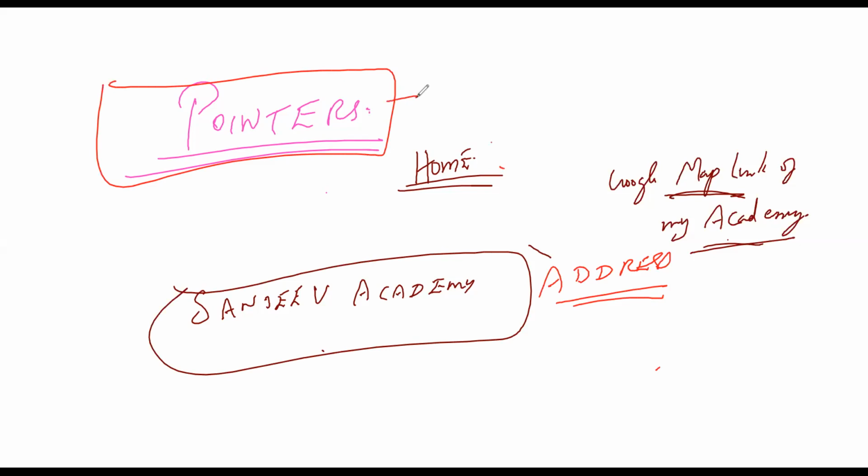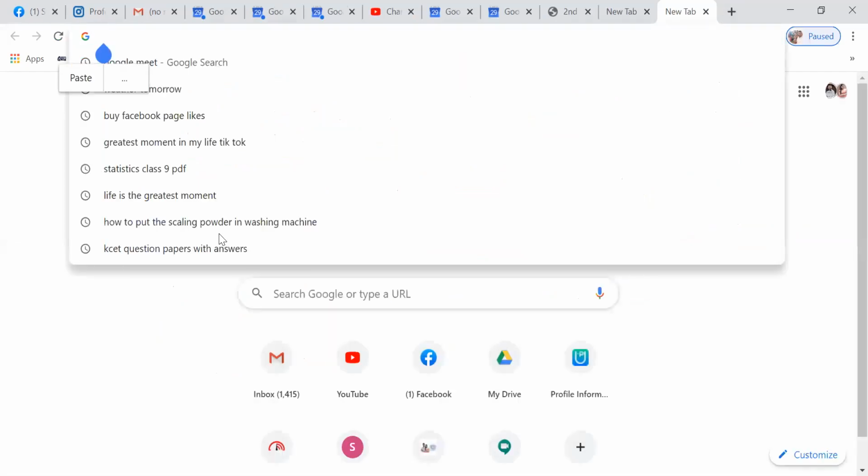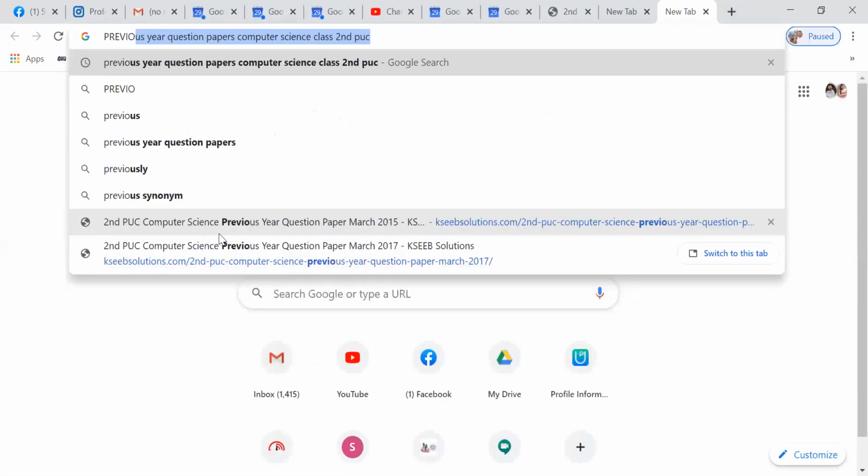A pointer means it points to the address of a memory location. For example, I'll show you one real-time example. I am just giving previous year question papers.